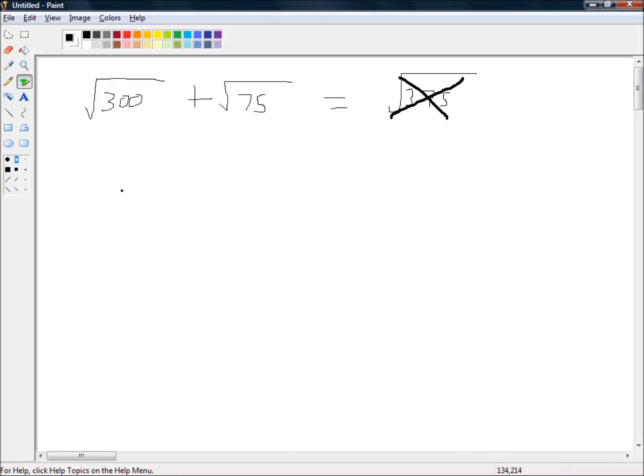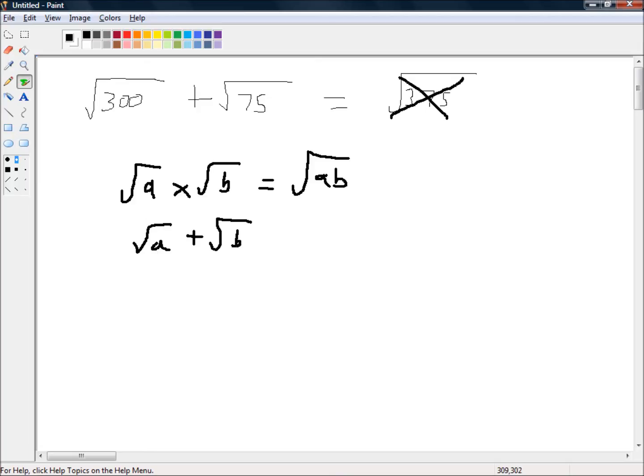The square root of A times the square root of B is the square root of A times B, but the square root of A plus the square root of B is not the square root of A plus B. Let's try an example just to see.